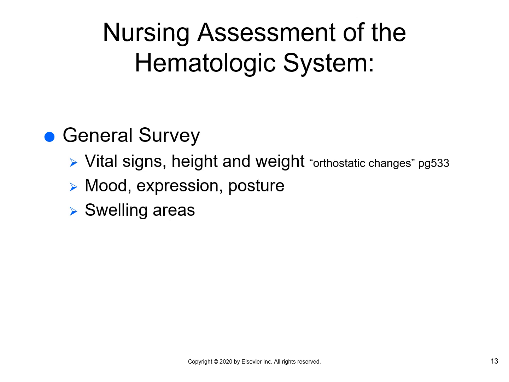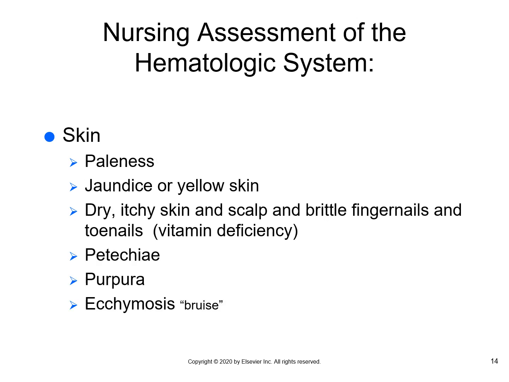And then going back to this one, you're going to continue doing your general survey. You're going to check for the mood, the expression, the posture of the patient, and whether there are any swelling areas. Skin, like I said earlier, the skin is a good indicator if there are any blood problems or hematologic problems.